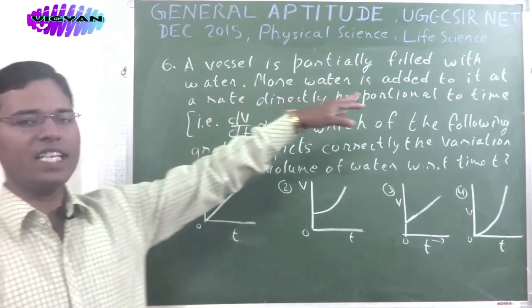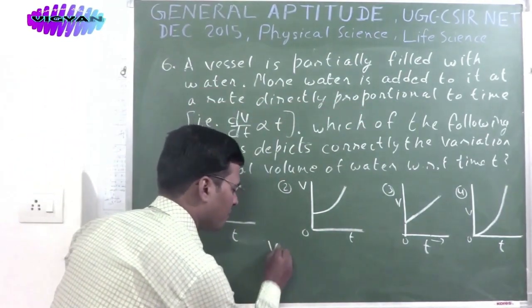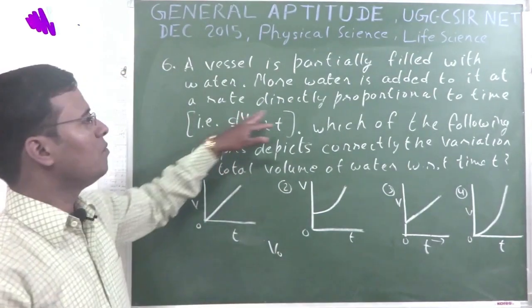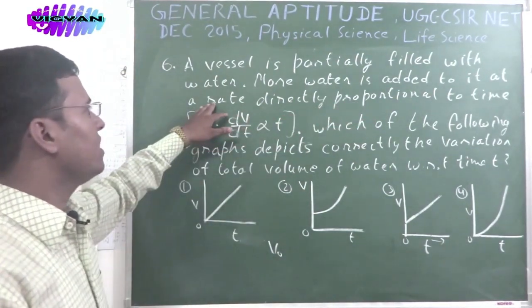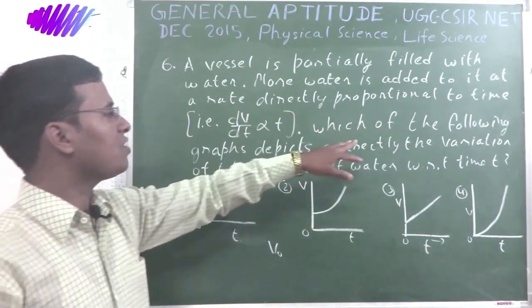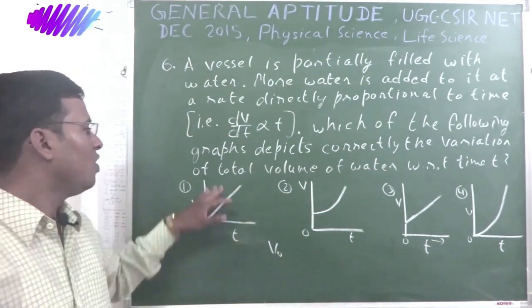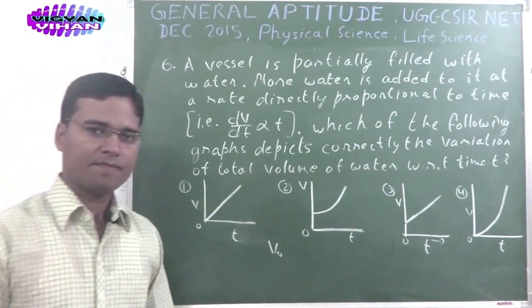A vessel is partially filled with water, means initially there is some volume V0. More water is added to it at a rate directly proportional to time. So, which of the following graphs depicts correctly the variation of total volume of water?